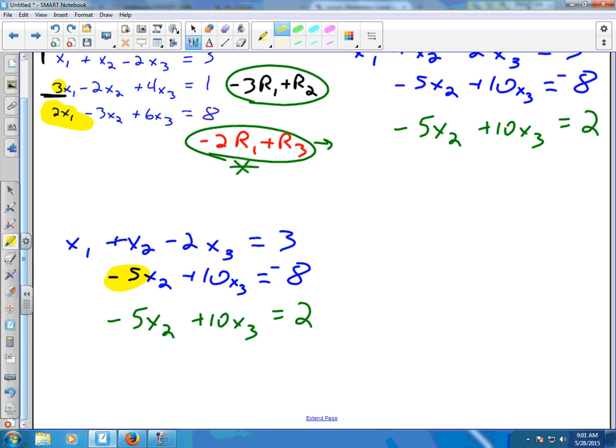Yeah, by negative 5. So basically, if we take that equation, divide by negative 5, or multiply by negative 1/5, then it makes that second equation have a 1 in that front spot.